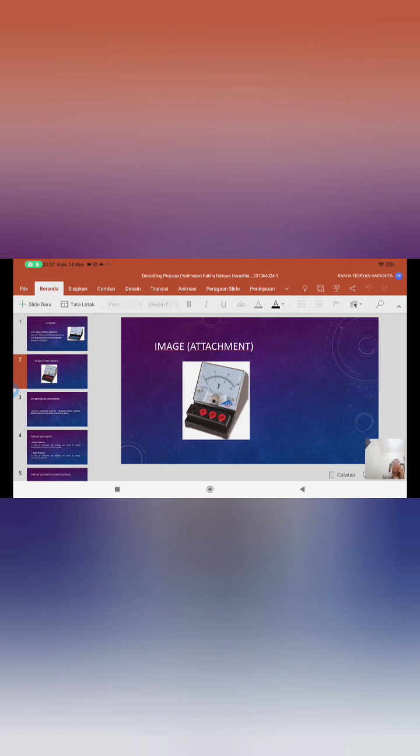This is a picture of the voltmeter. The parts of the voltmeter: the red and black sticks are called probes. There is a rotating coil inside the voltmeter, and the last is the measurement scale.